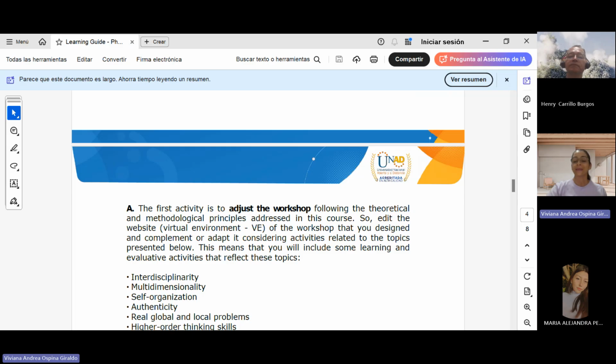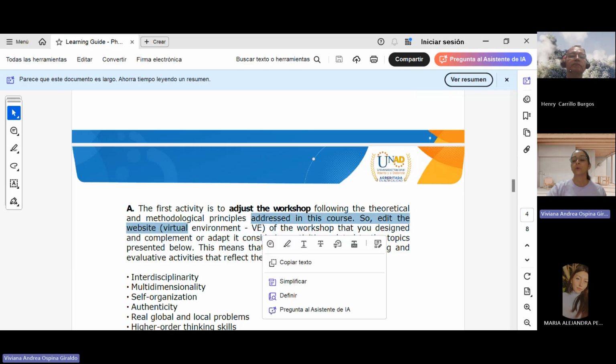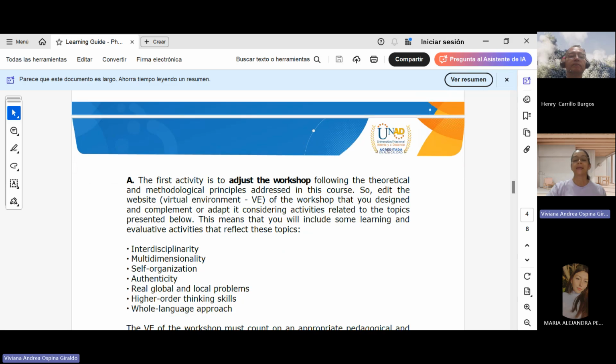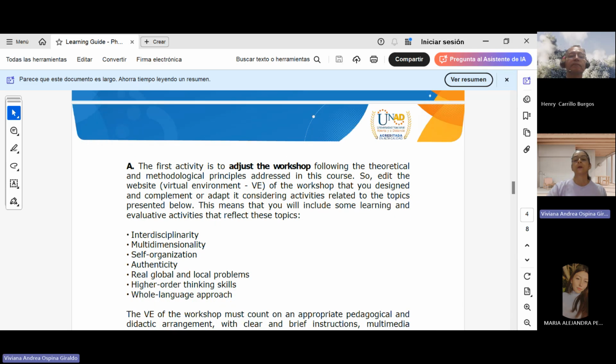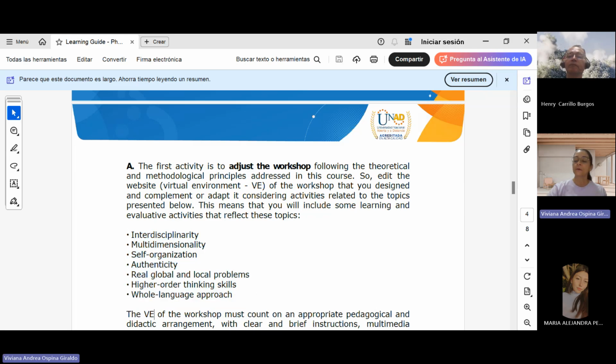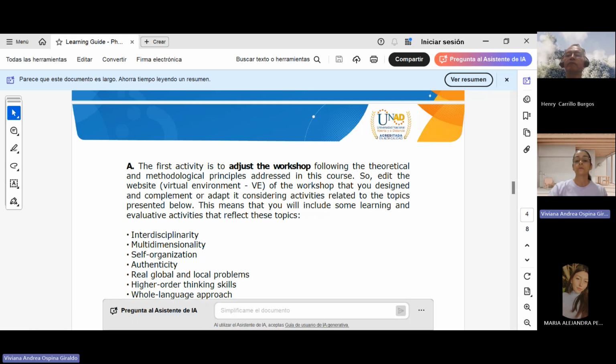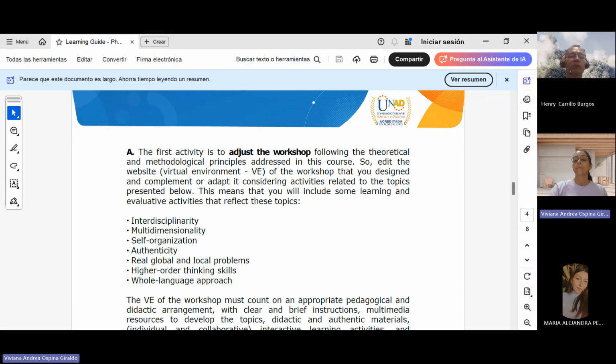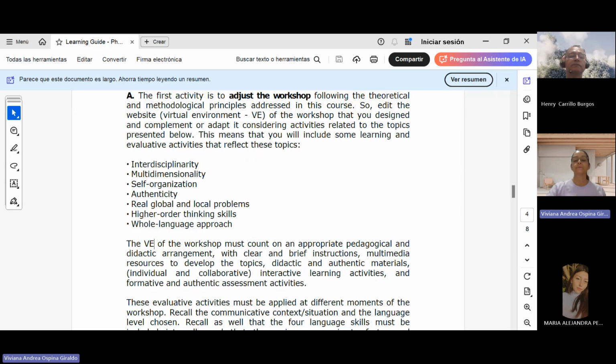So you are going to edit this virtual environment that you already constructed so that it responds to learning and evaluative activities that reflect these topics. You could use some of the things you already have if they respond to these topics, but you need to take the virtual environment and adjust it, okay?